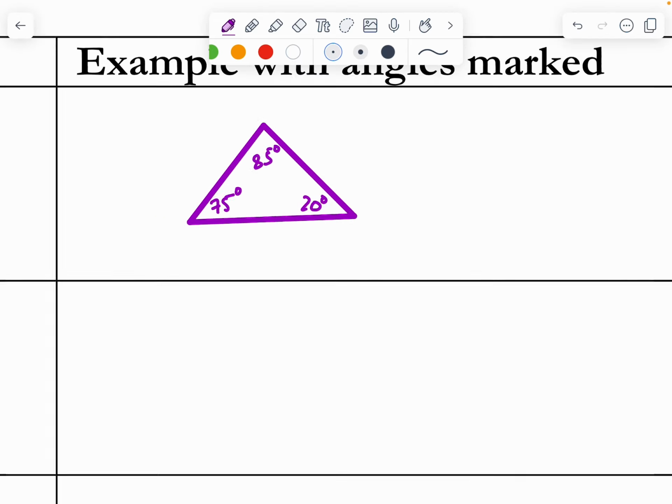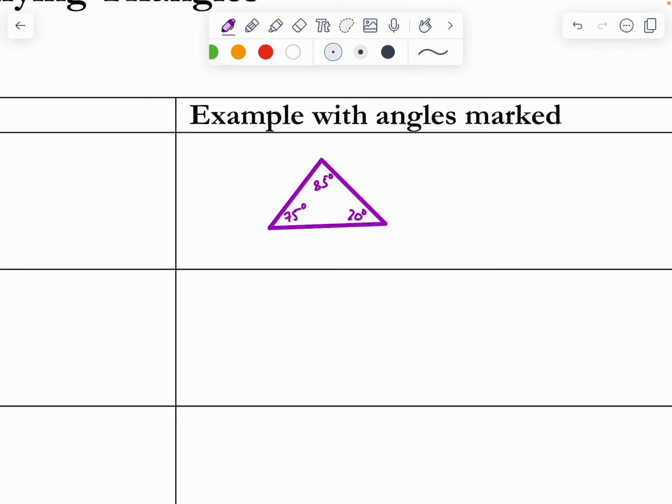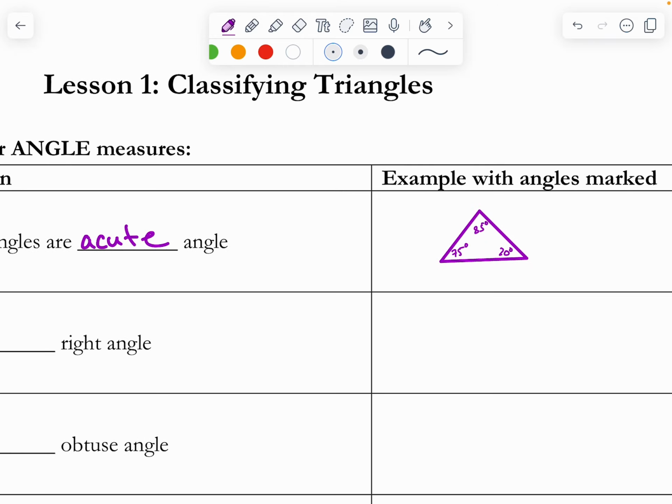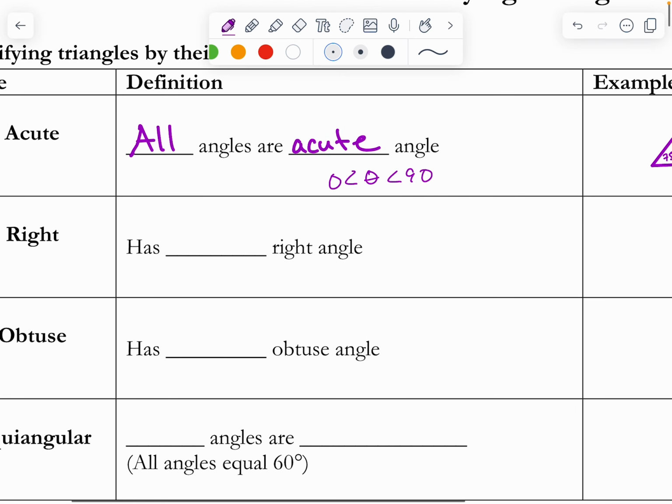I know, bear with me, it's not the best looking triangle. That's okay. If we had this triangle, this would be an acute triangle. So all the angles are acute, right? Less than 90 degrees. Let's say theta is less than 90, but more than zero, right? So that's an acute triangle.